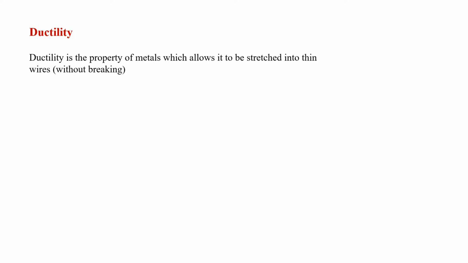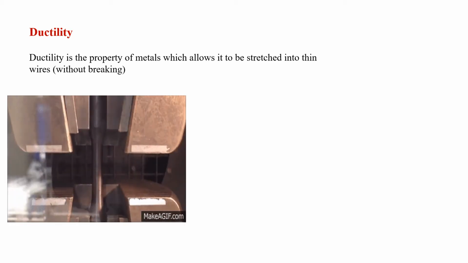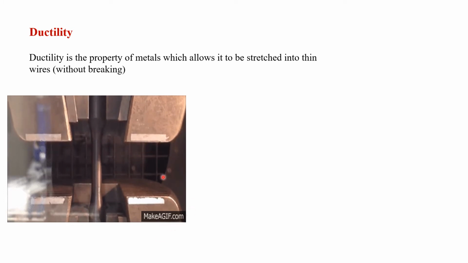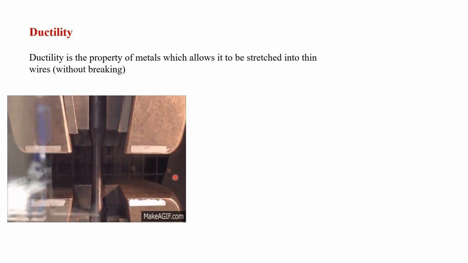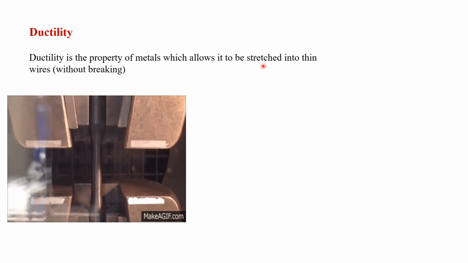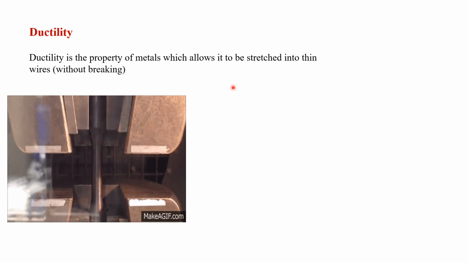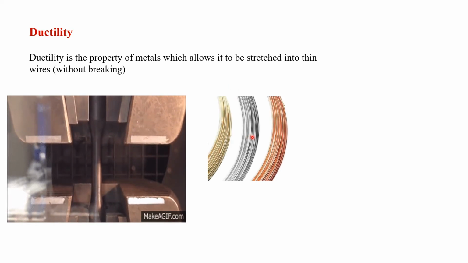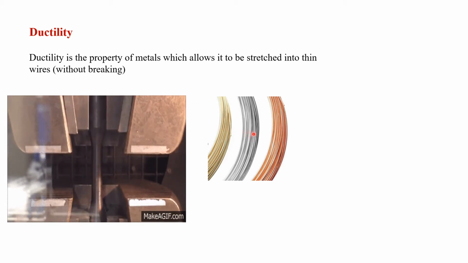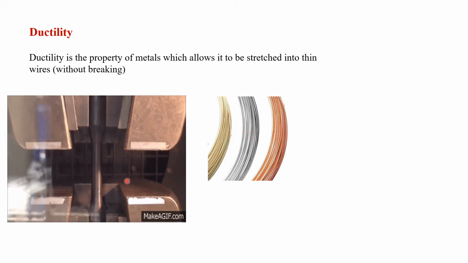Then the next one is ductility. Ductility is also a special property of metals which allows them to be stretched into thin wires. Look at this process. Here a thick metallic rod is stretched into thin wires without breaking, and these thin wires are prepared by this process.